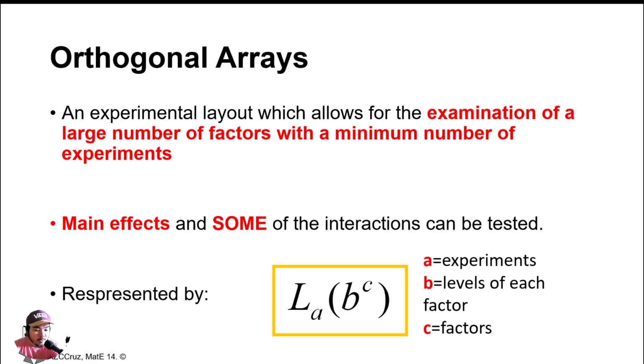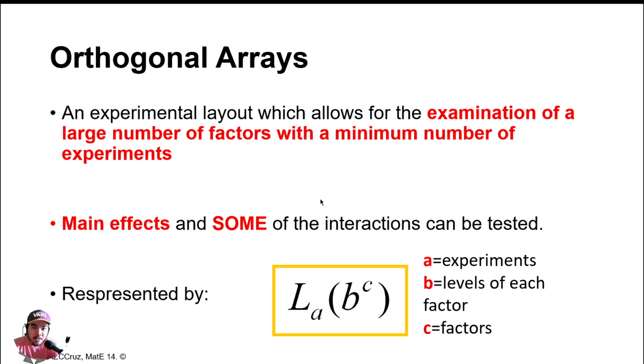Okay? The goal of Taguchi design is not for screening but rather for optimization. So when we do optimization, from the first lesson we had, we said that if you want to do optimization experiments, usually it's multiple levels and fewer factors. Right? And the opposite for screening experiments, it's fewer levels but multiple factors. Okay?